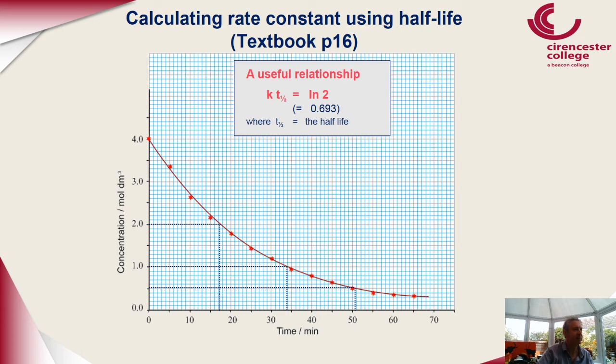That number log 2 is 0.693, so you can either remember log 2 and work it out, or actually remember that it comes out as 0.693. And this is a very useful way of doing it, because I could otherwise work it out by doing tangents to the curve. But as we've seen, getting a tangent exactly right is going to be tricky.